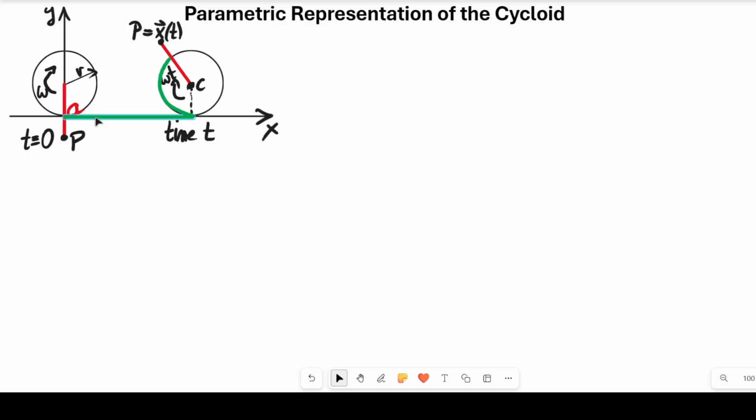Before we look at the cycloid once again, what did we do? We assumed that at time equals 0, the crank is hanging straight down and the wheel begins to rotate with an angular frequency omega, and at time t we have covered an angle of omega times t, and this now creates the cycloid, which I draw here on the right side.